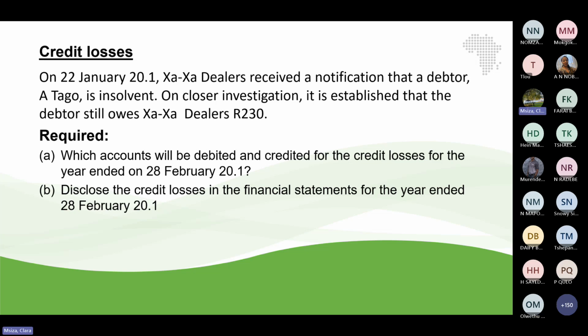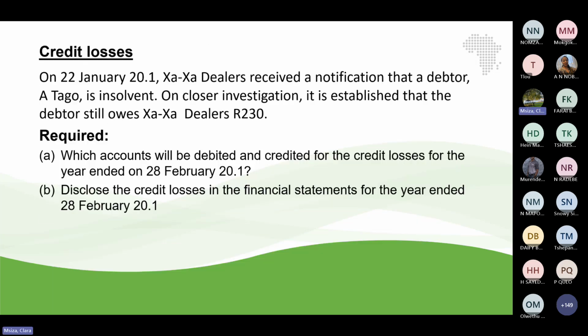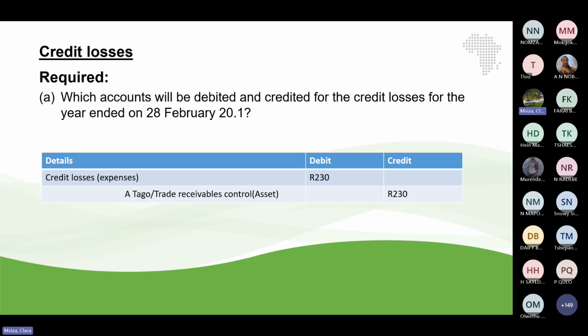Now you need to ask yourself, on the day that we had evidence that the debtor is insolvent, how did you record it? For example, you debited your credit losses and reduced your trade and other receivables.